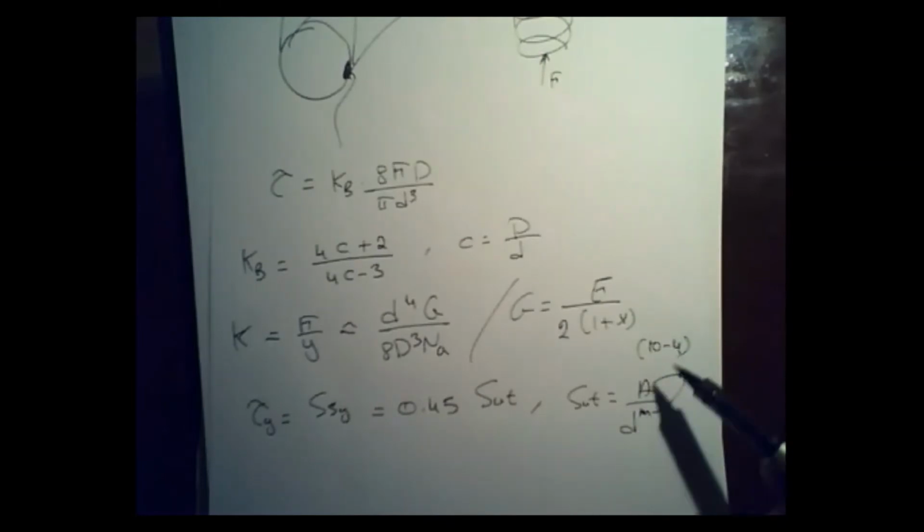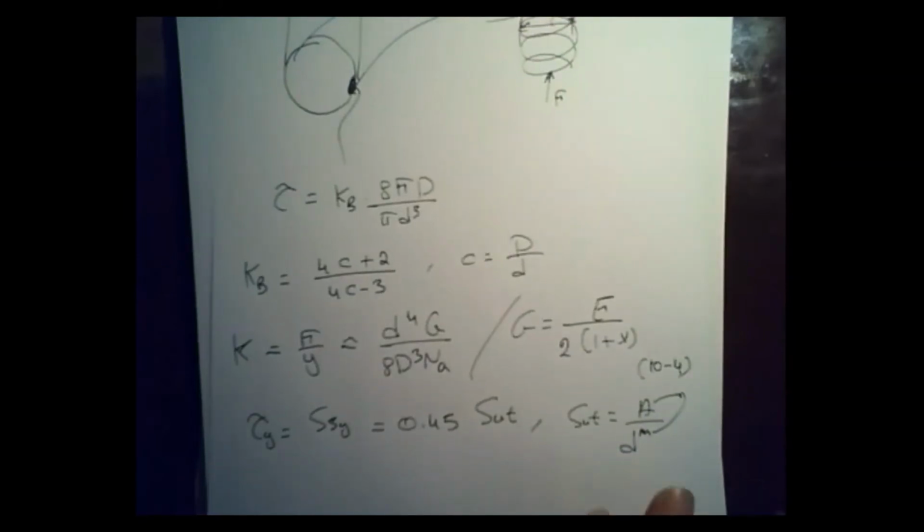So from table 10.4, for a given wire diameter, you essentially get your A and your exponent. And that is really it, guys, for compression springs.